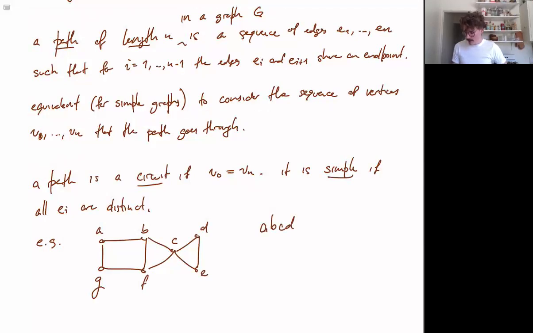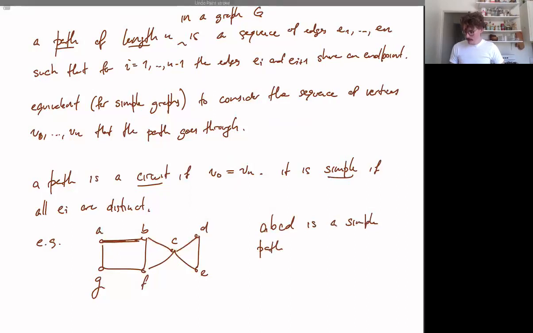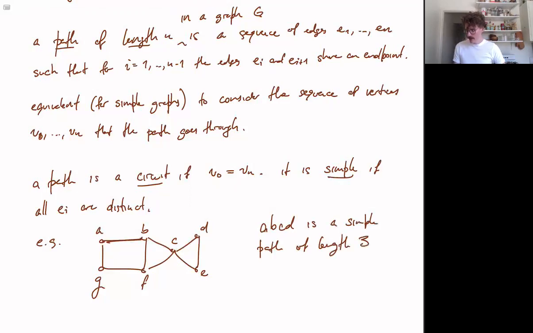But this is the path that is this edge, and then that edge, and then that edge. So this is a simple path because it only goes through each of these edges once. And it has length 3 because it traverses 3 edges and 4 vertices, which is going to be 1 more than the length.